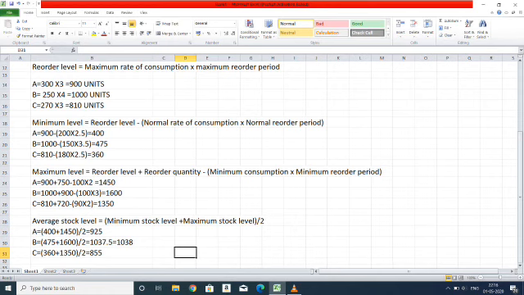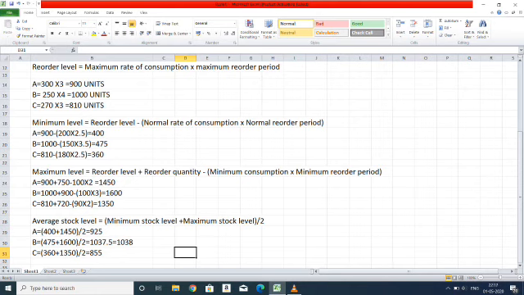That is all about our different stock levels. Reorder level: A 900 units, B 1000 units, C 810 units. Minimum level: A 400 units, B 475, C 360.